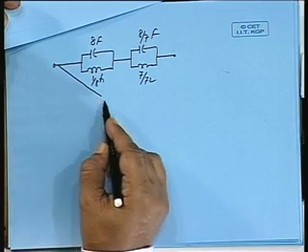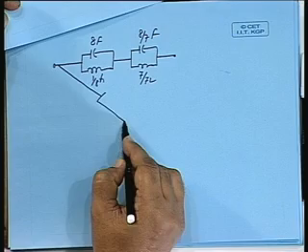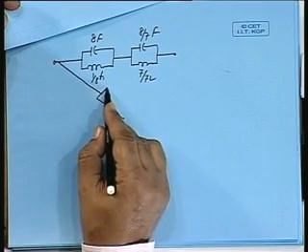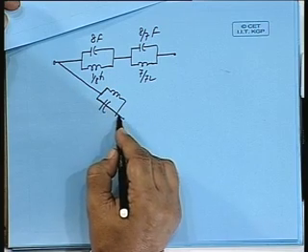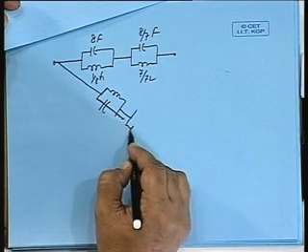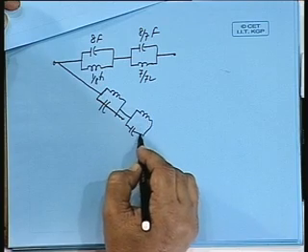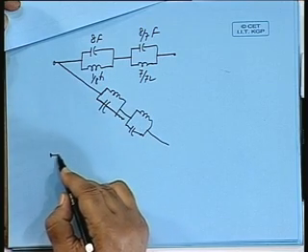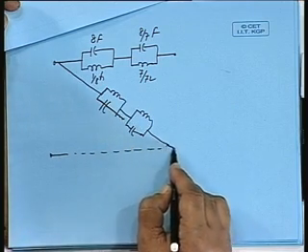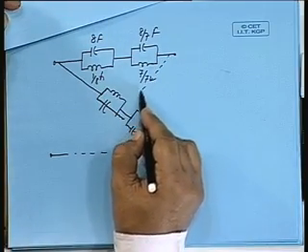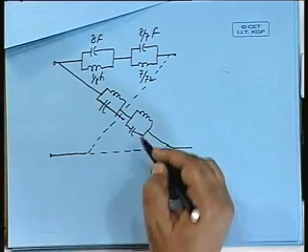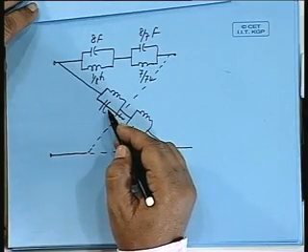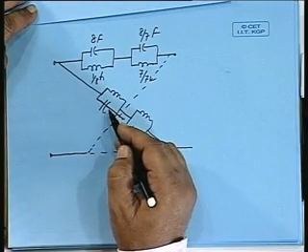Similarly, ZB will be an inductance and a capacitance. These two elements are identical. So, this one will be ZB is 5s by 8s square.